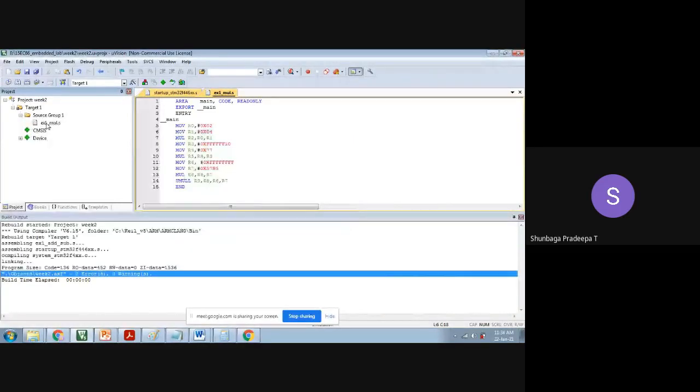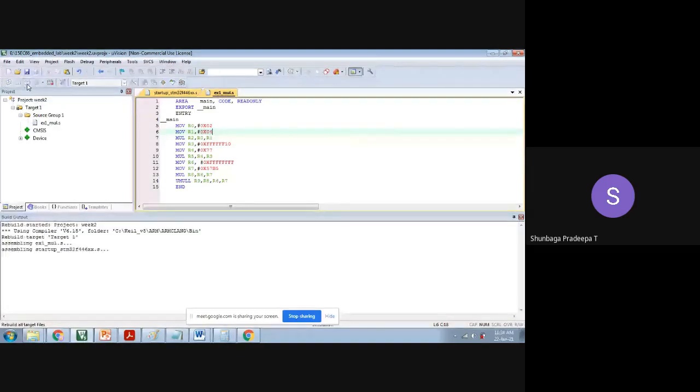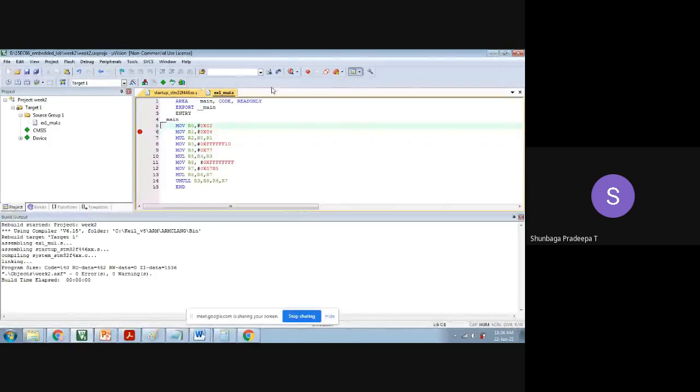So now we will simulate this and see what happens. We will compile it. We will keep the breakpoint. So multiplication of an n-bit number with an n-bit number will result in how many bits?